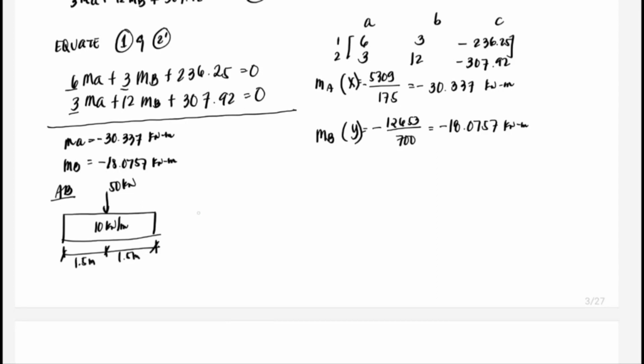Okay. Next, we have the other side. There are two, we have 20 kilonewton and 30 kilonewton, what we call concentrated loads.